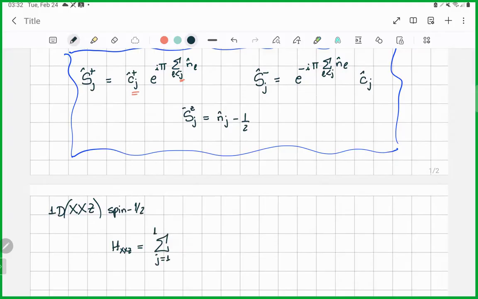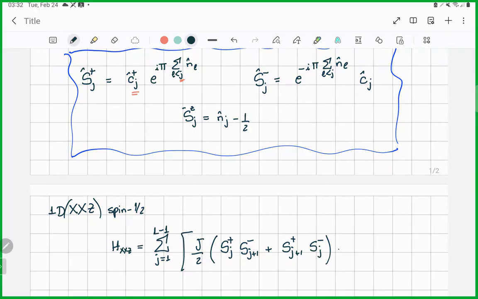I'm going to consider open boundary, so L sites, and my sum goes up to L minus 1. Here we have the coupling strength. And now I'm writing, as you see, in terms of raising and lowering operators.